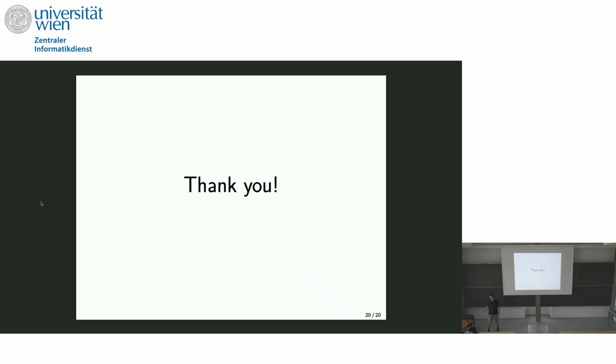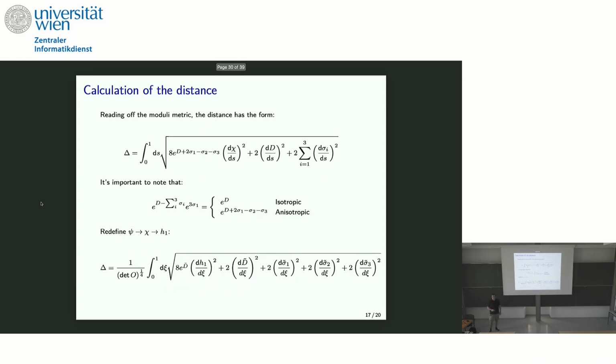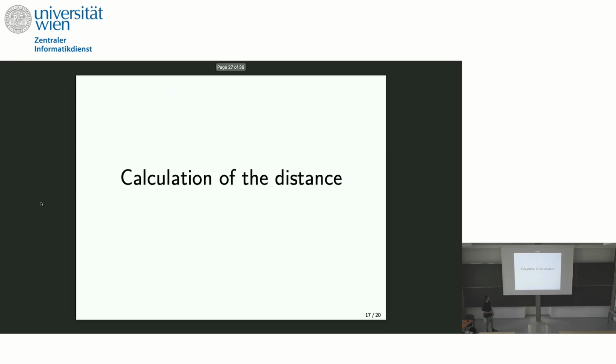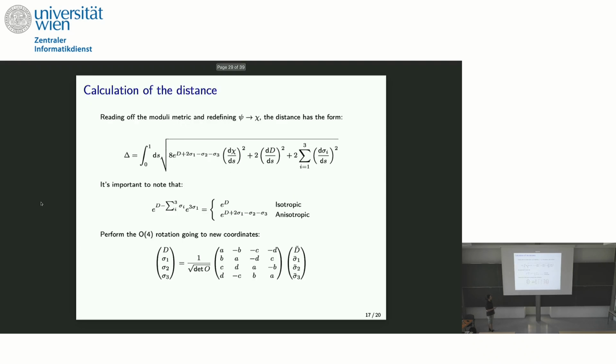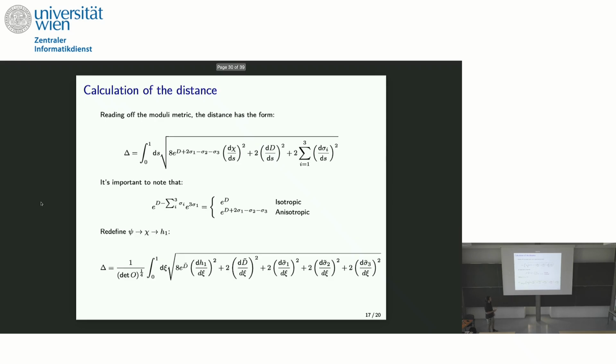I can tell you why. This is very crucial. If you go to the moduli space here, you will see that there is this function which defines the geometry. If we had a sphere, that would be something like a trigonometric function, like cosine psi. However, when you go to calculate the distance, all these terms appear as logarithms.